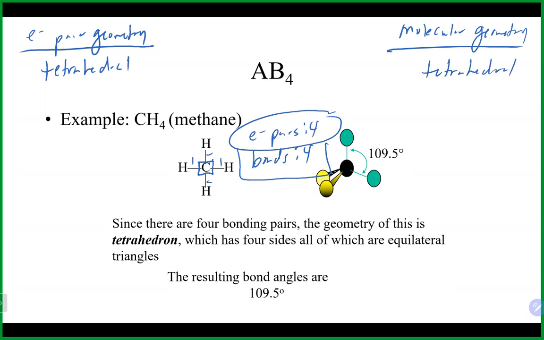Tetrahedral is sort of like a triangle on the outside, and almost like a pyramidal type shape on the bottom. It has a bond angle of 109.5 degrees. Some older people sometimes call it tetrahedron, but tetrahedral is what most books nowadays call it.